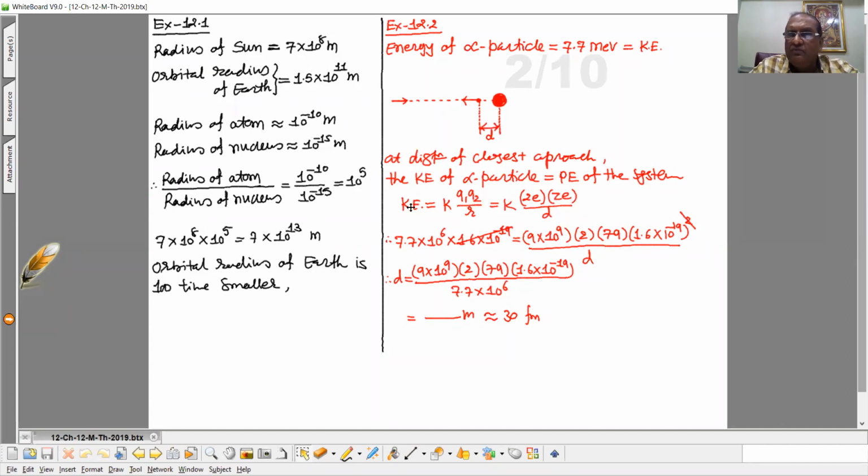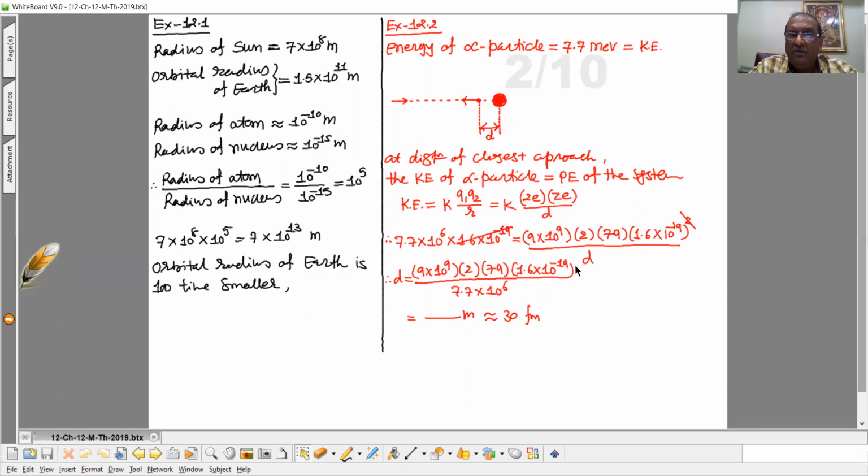Now, the kinetic energy of the alpha particle is given to you: 7.7 MeV, so 7.7 into 10 raised to 6 eV, converted to joule by multiplying by 1.6 into 10 raised to minus 19, is equal to K, 9 into 10 raised to 9, into 2 into Z into e squared, so 1.6 into 10 raised to minus 19 squared, divided by d. In the Geiger-Marsden experiment, we use the atom of gold, and for that Z is 79.